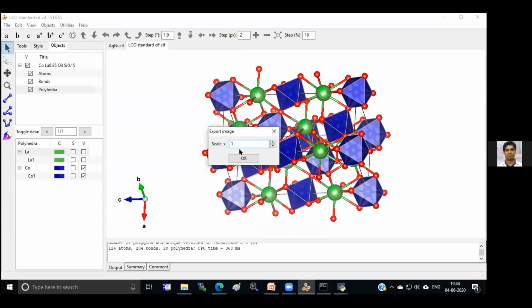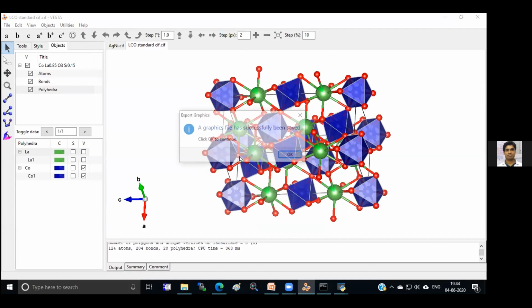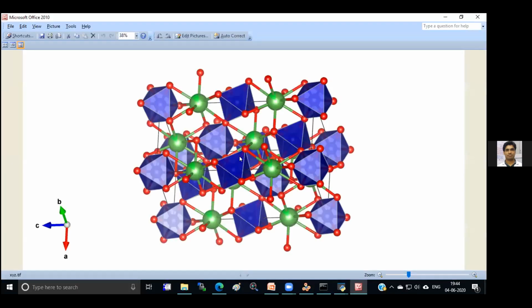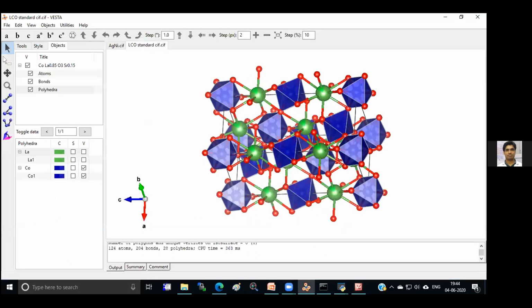I can increase the resolution by increasing the scale factor, so I'm increasing it to 3. Yeah, now it is exported, and this is your image of the three-dimensional crystal. So according to what you want, you can export from here.